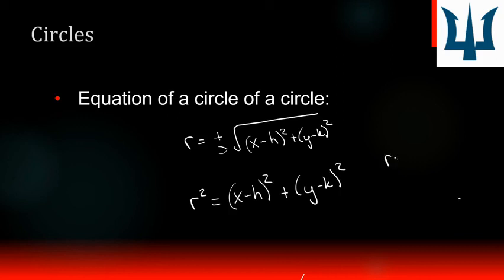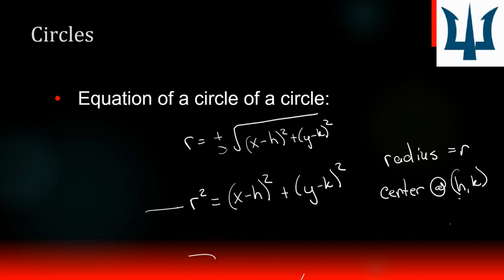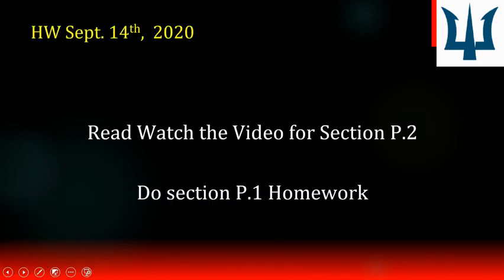And we're going to say our radius equals r, and our center is at h, k. So that's going to help us find our equation and help us explain things. So this right here is the one you're going to probably see the most. It's called standard form. I don't know if the top one has a name. It's just solve for r. So that's all we're doing in this video.